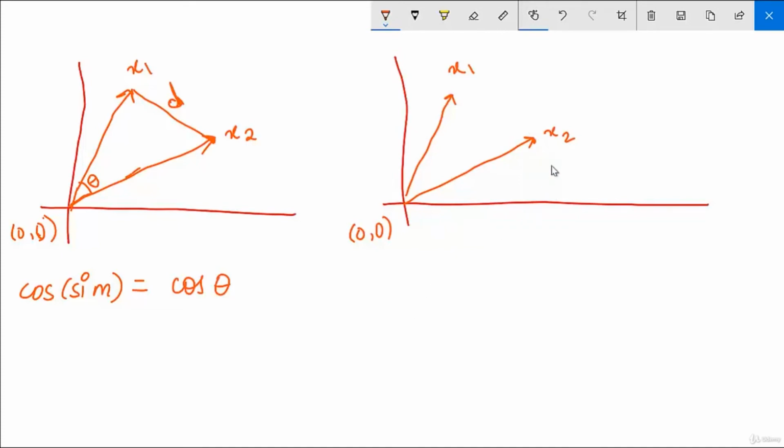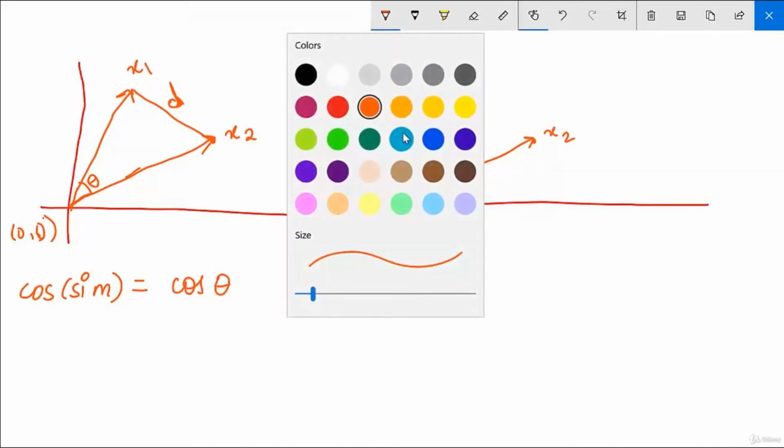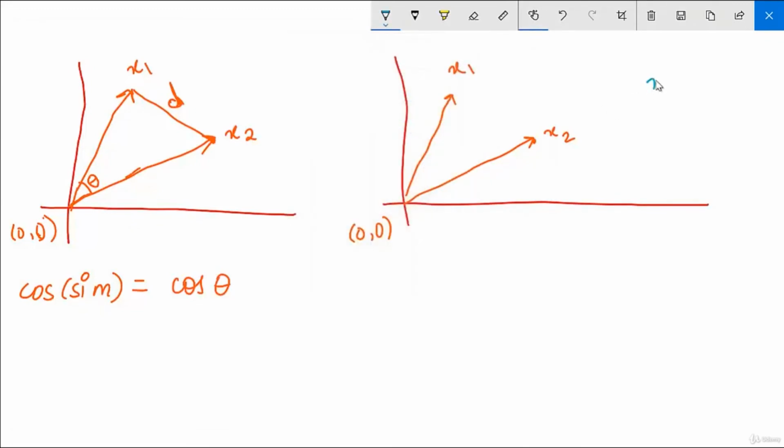We have a vector point x3 somewhere here. This is point x3, not x2, it's x3. So what will be the similarity between x1, x2 and x3? What is the similarity between x2 and x3 here?